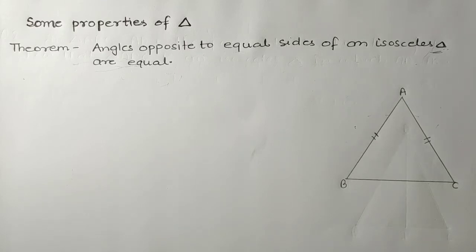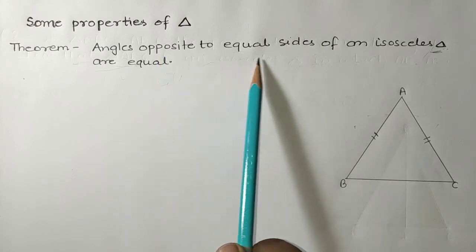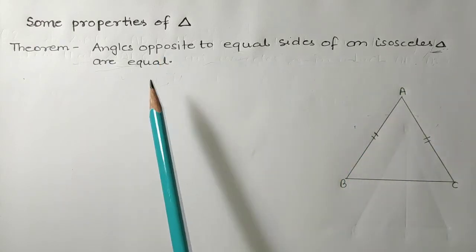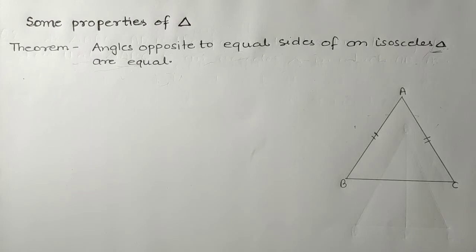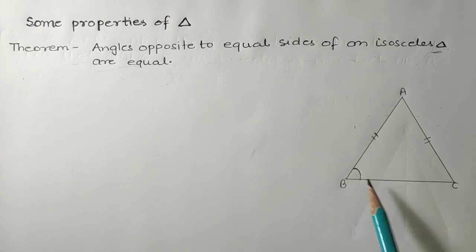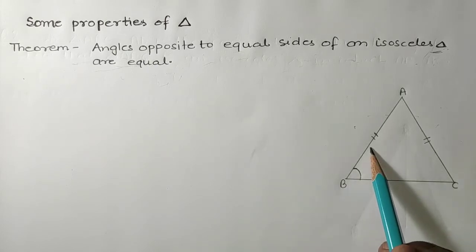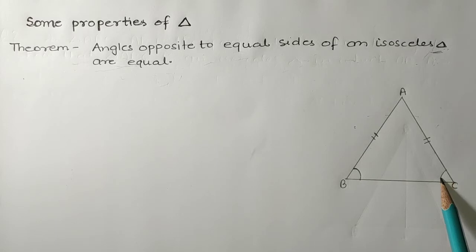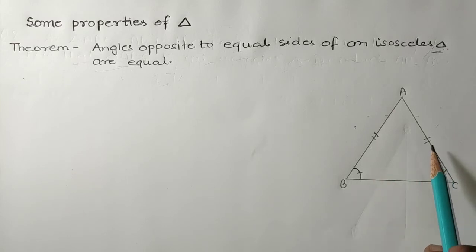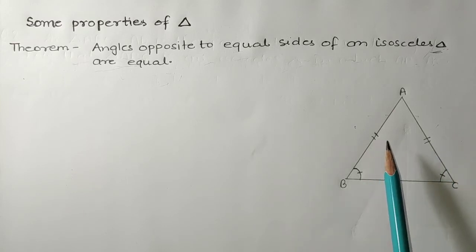So what is the meaning of the statement that angles opposite to equal sides of an isosceles triangle are equal? See students, angles opposite to equal sides. Which angle is opposite to the side AC? Angle B. And which angle is opposite to the side AB? Angle C. Which two sides are equal?